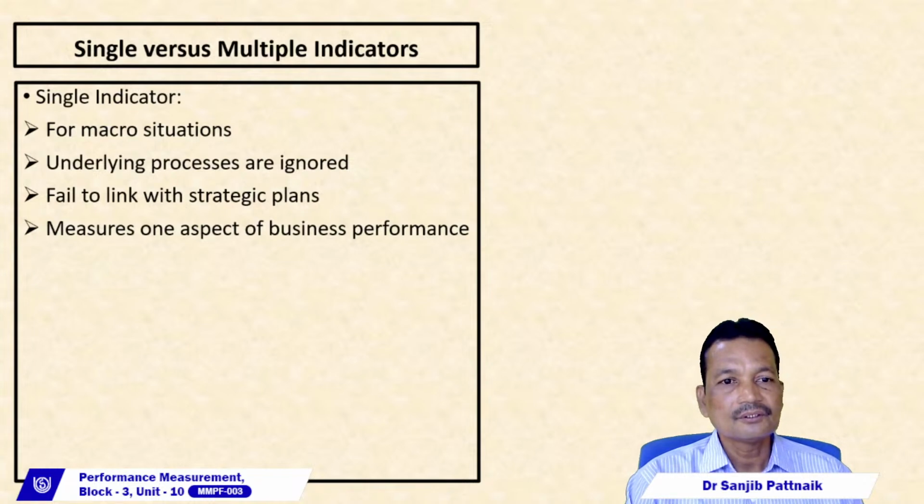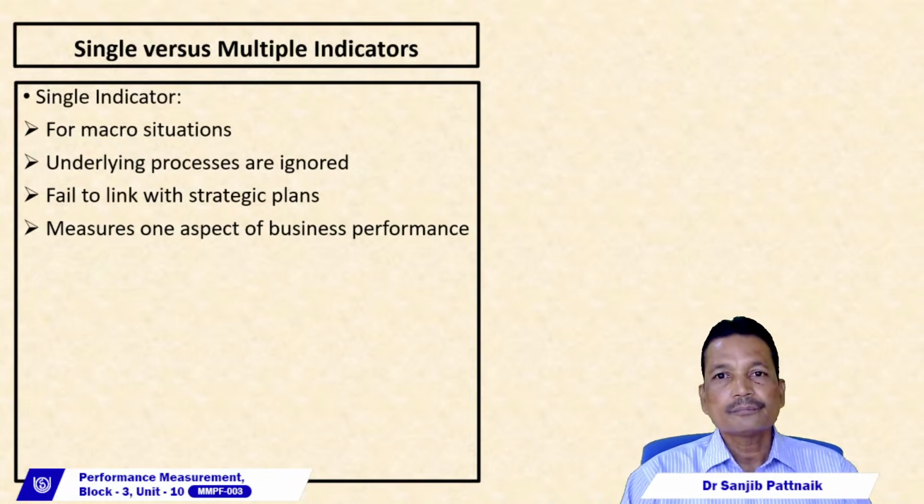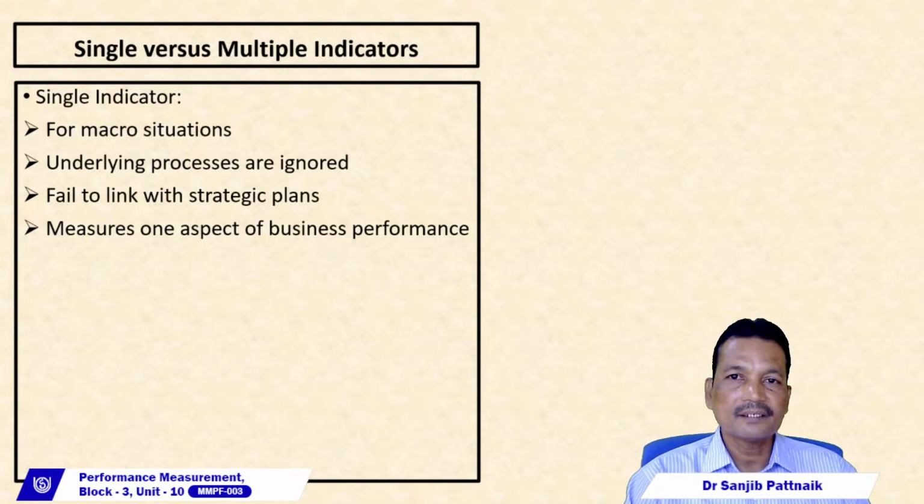Now, the strategic plans of the organization may be profit generation, but apart from that, we also think about R&D, research and development, which may give more extra income to the organization in the future years.